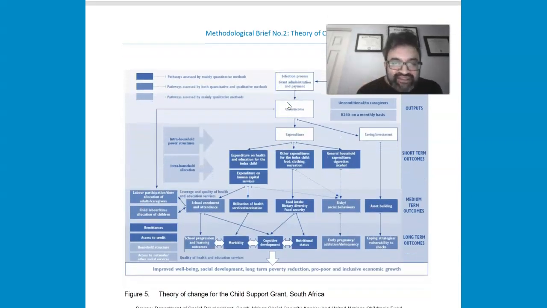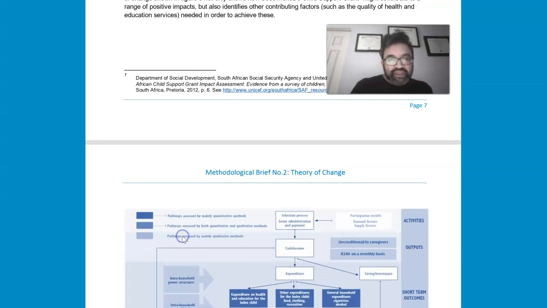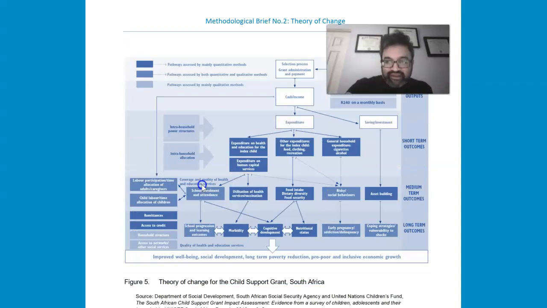So now this goes into some of the specifics of improved well-being, social development, long-term poverty reduction, pro-poor, and inclusive economic growth. And this is in the form of the logic model that we traditionally are familiar with.